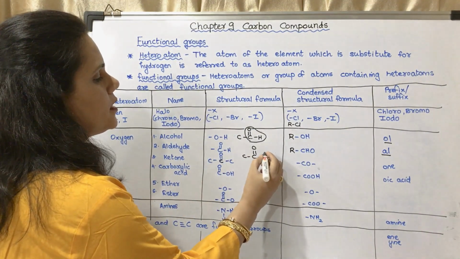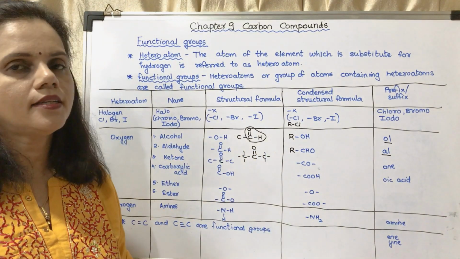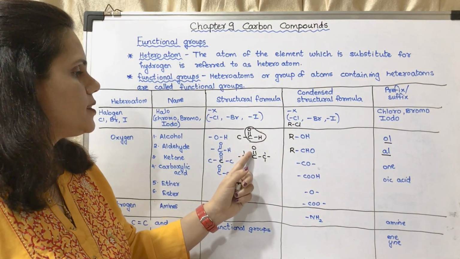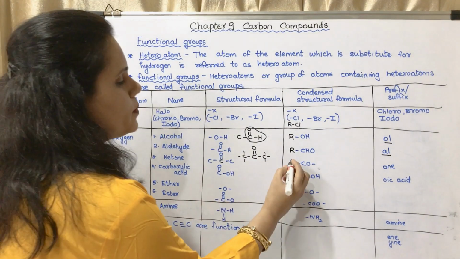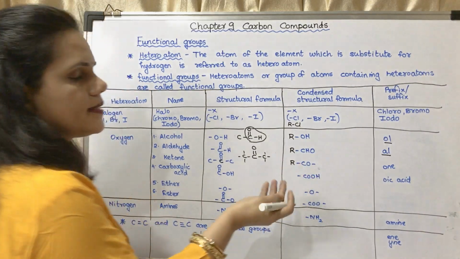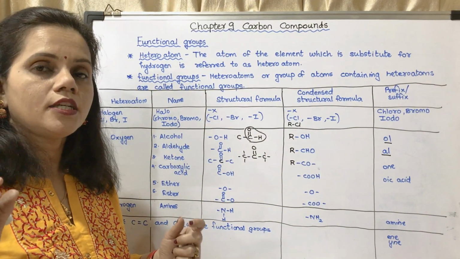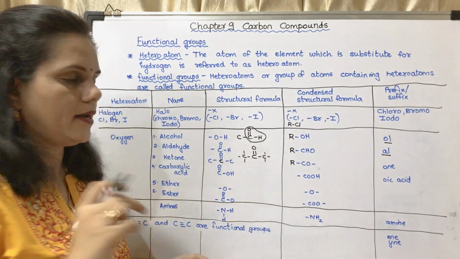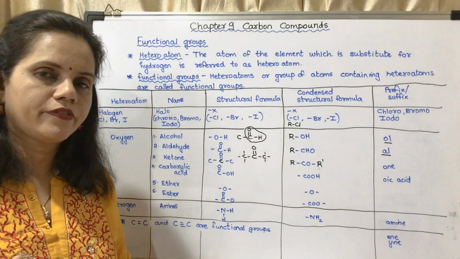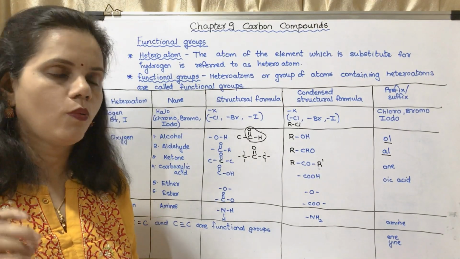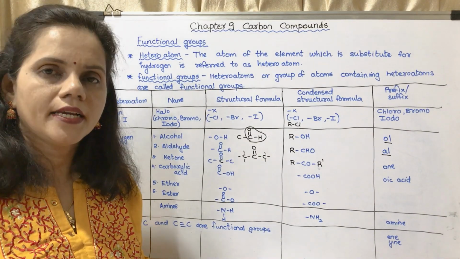So this C could be having hydrogen atoms, or it could extend with C's. On this side there will be any number of carbon atoms, but minimum 1, and on this side also any number of carbon atoms, but minimum 1. So this is the condensed structural formula of a ketone.